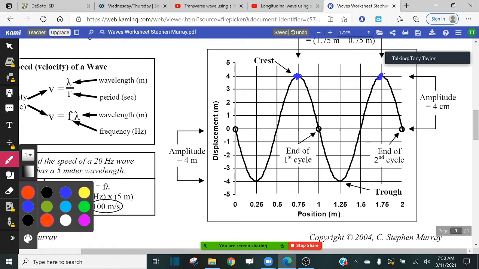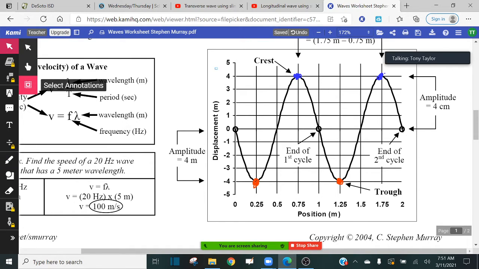So this is a trough, and that is a trough. So everybody got that? The lowest point on your wave is referred to as a trough. The highest point is referred to as a crest. The maximum point is a crest, the minimum point is a trough. So those are two terms I need for you guys to know when it comes to describing waves.